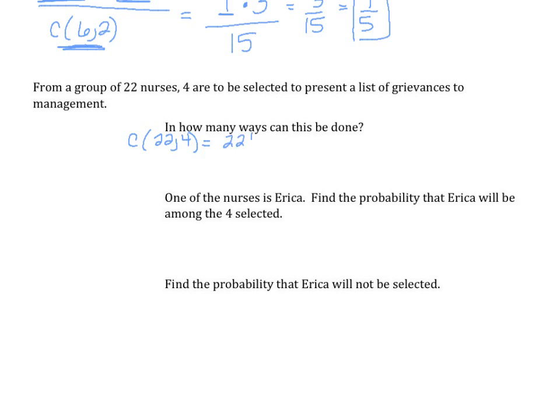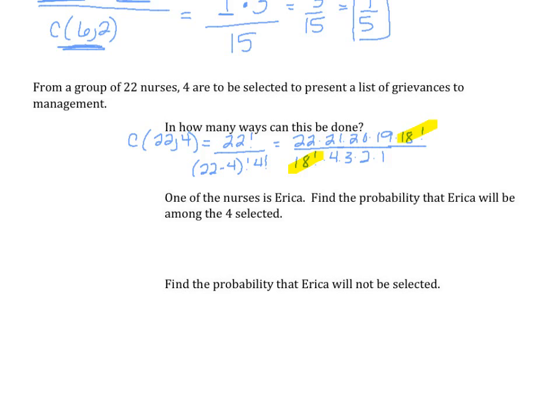So 22 factorial over 22 minus 4 factorial, 4 factorial. 22 minus 4 is 18 factorial times 4 times 3 times 2 times 1. So when I write out 22 times 21 times 20, 19, 18, I can stop at 18, knowing that I'll be able to cancel out the 18 factorials.